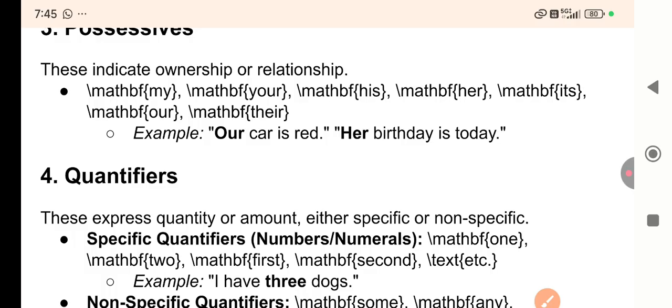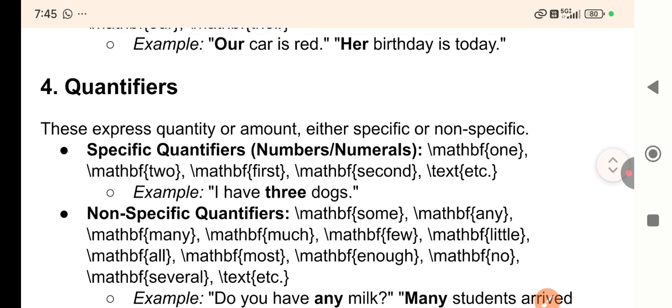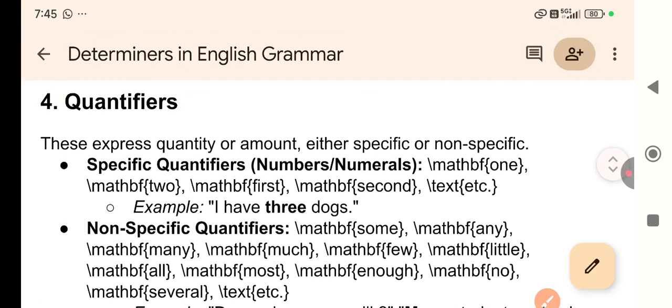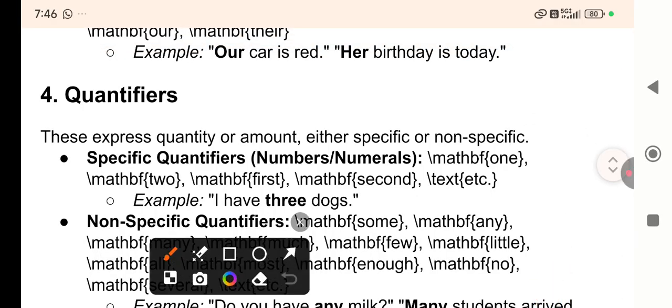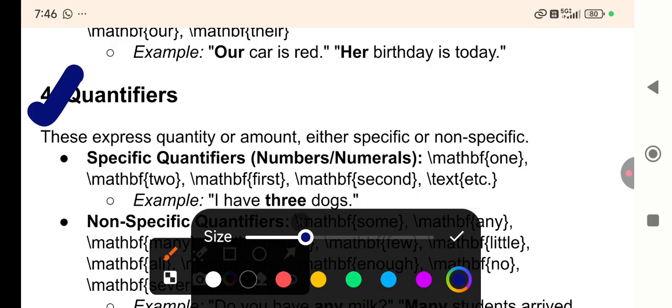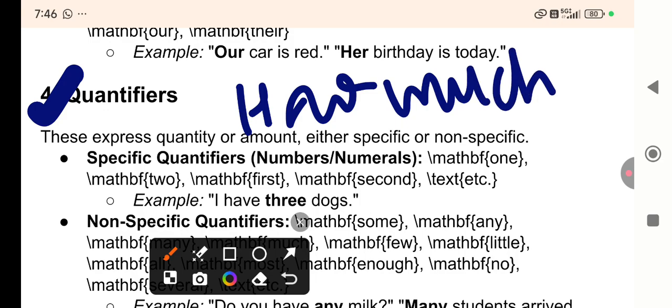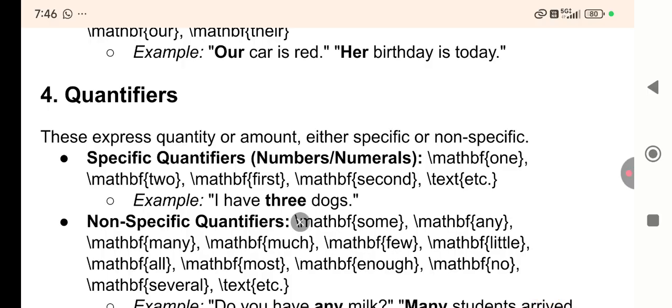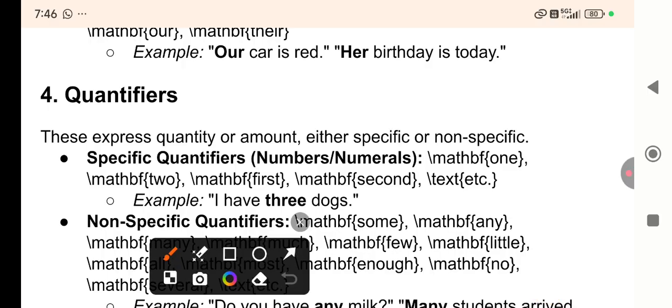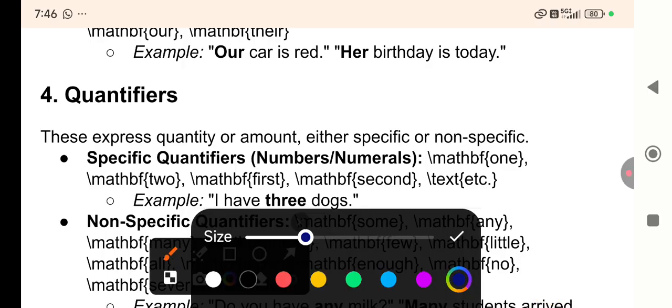Okay, now next is quantifiers. Quantifiers, quantity, how much, how much, right? So what are they? Let us see. Quantifier is quantity.